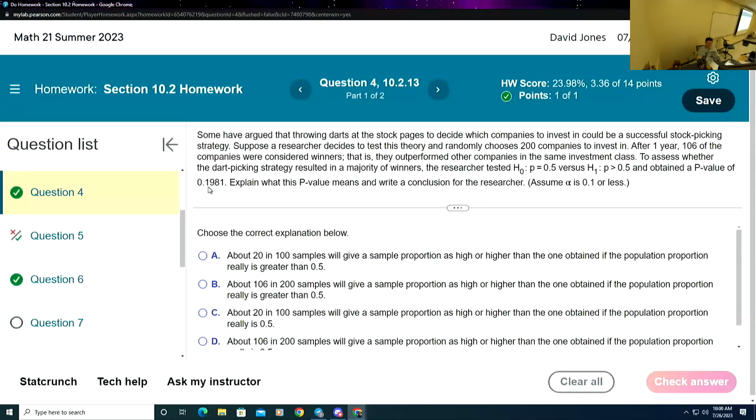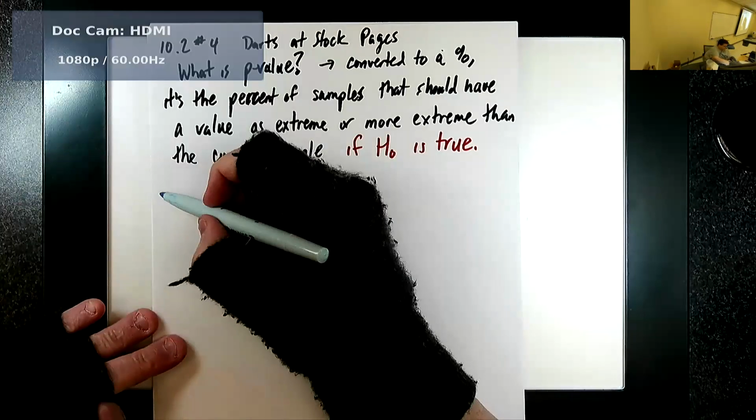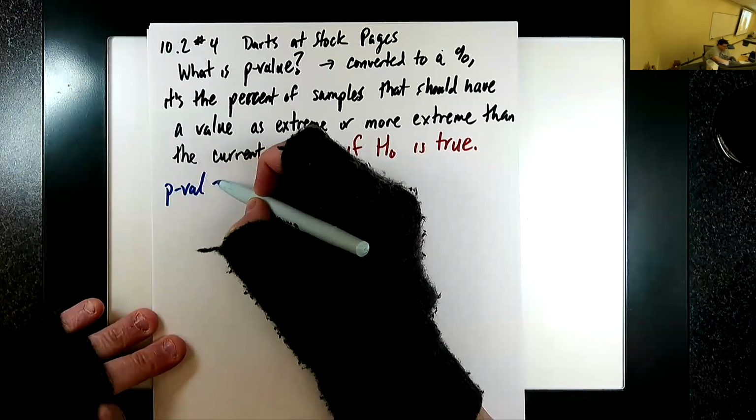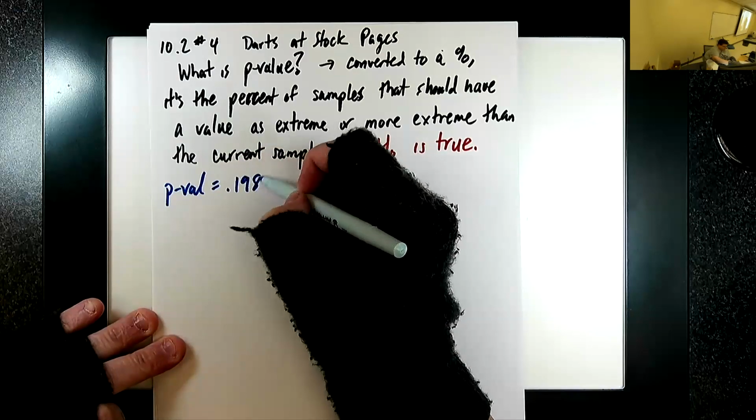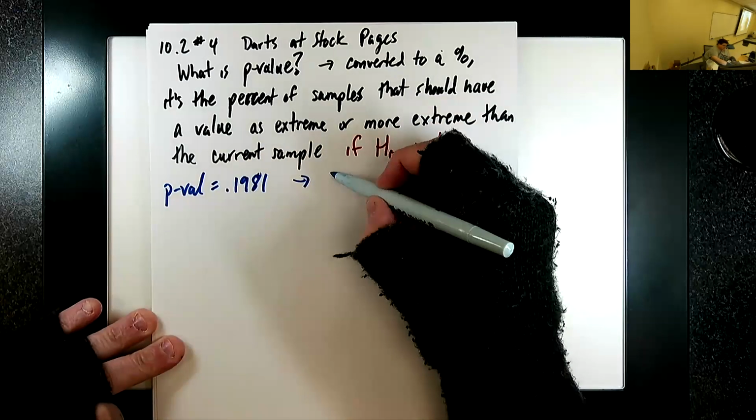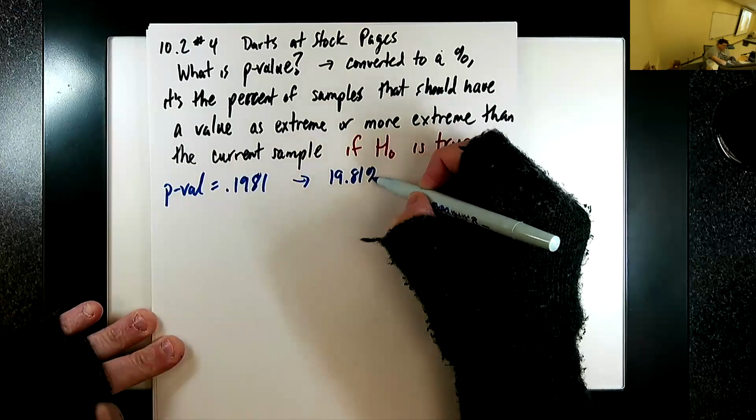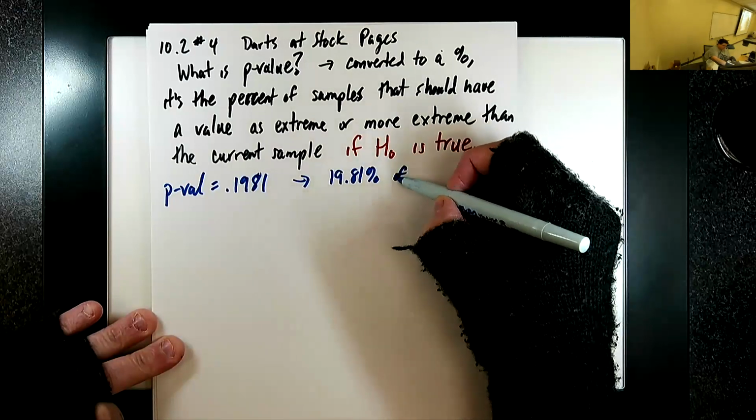The p-value is 0.1981. So as a percentage, that's 19.81% or about 20.